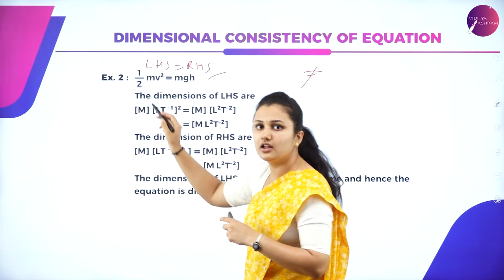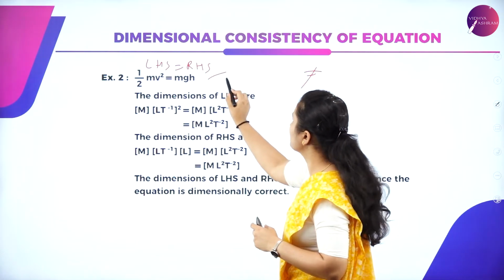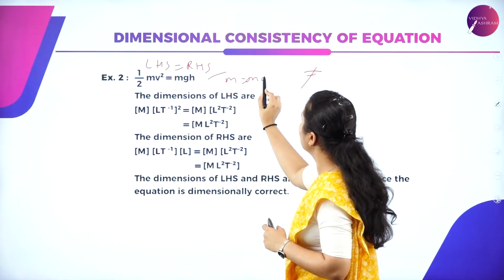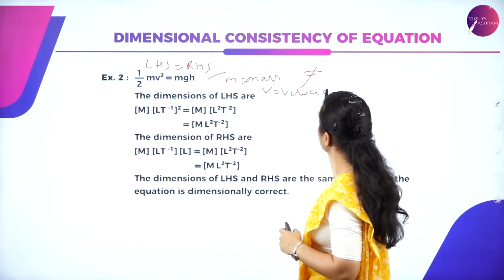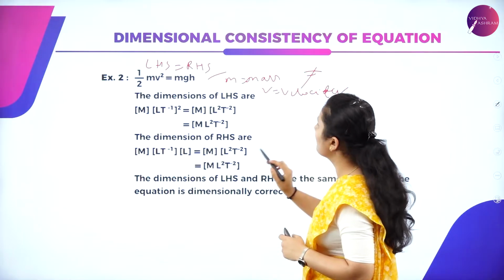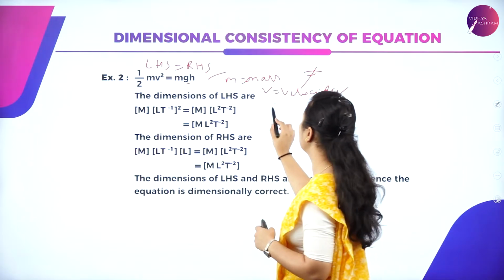So, here what is M? You should know the terms. M here is mass. What is V? It is velocity. What is G here?